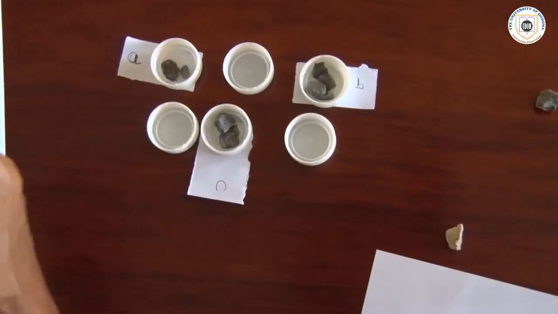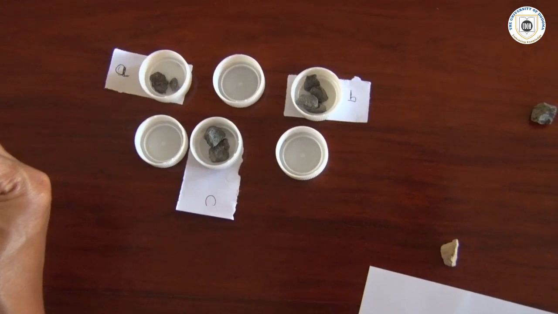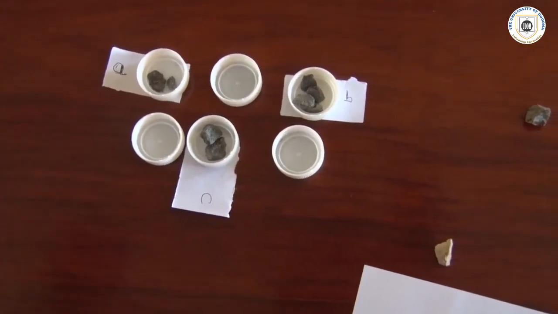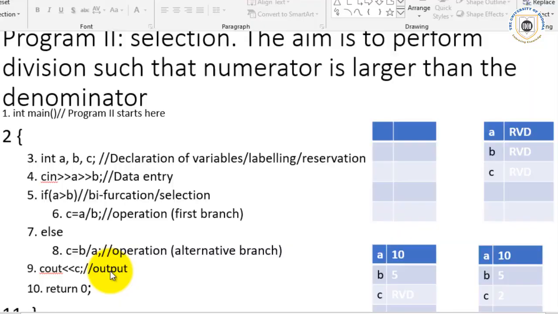Then you send me that program, you send me the analysis of that program using RAM diagrams, and you send me the drawing of physical models of that particular program. That is the part of our assignment concerning this particular portion of our lecture, which is selection.